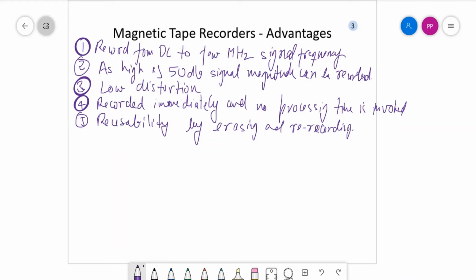One big advantage is that this tape recording system has multi-channel recording facility. Multi-channel recording facility means that at a time, in parallel, many different input quantities or measurements can be recorded on the same track.